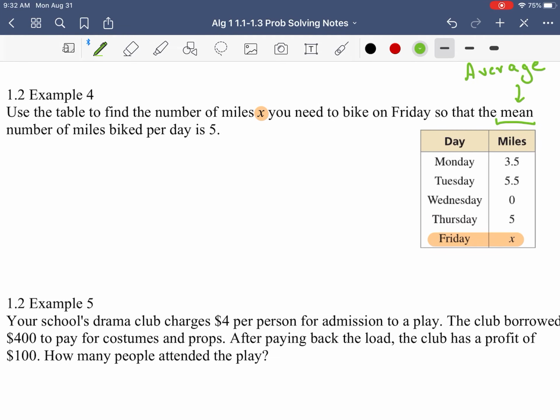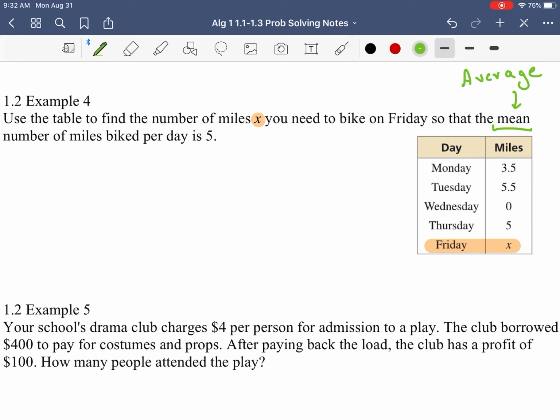So how do we average a bunch of numbers? If we don't remember that, we'd have to look it up or ask a friend. To find the average, you add all terms, then divide by the number of terms. In this case, I have 1, 2, 3, 4, 5 numbers.